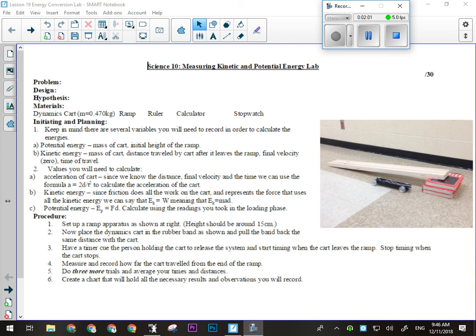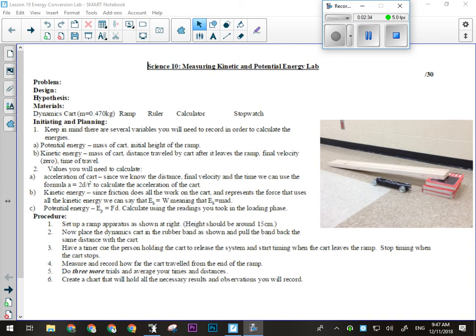Now I want you to think in terms of manipulated variable. None of those things that we just talked about would change if we didn't do what at the beginning of this lab? Well, not even so much release it. If I don't put it on the ramp, I just set it on the floor, nothing will happen. Remember, we're trying to determine the efficiency of one form of energy converted to another form of energy.